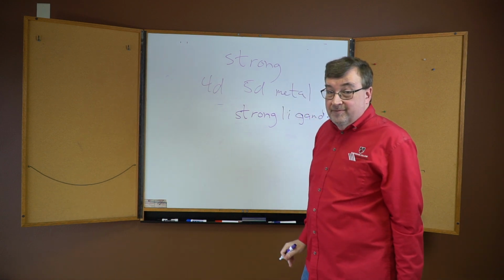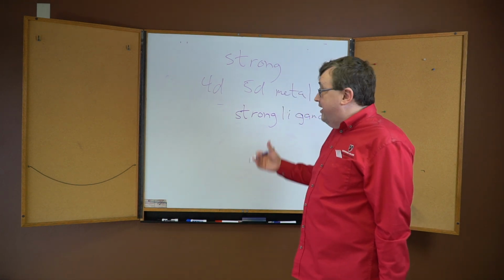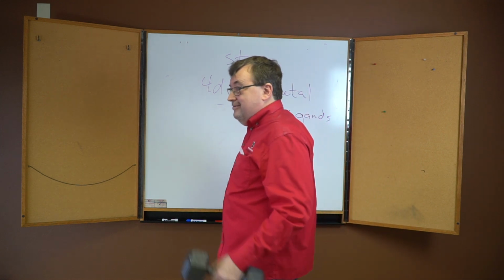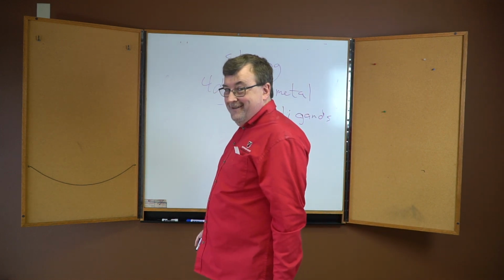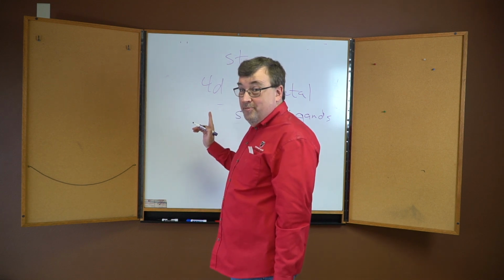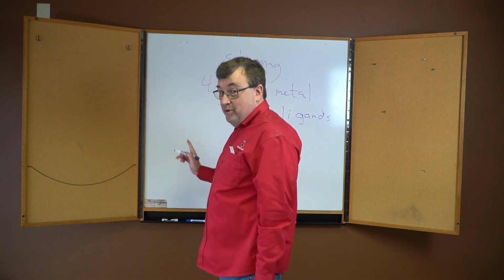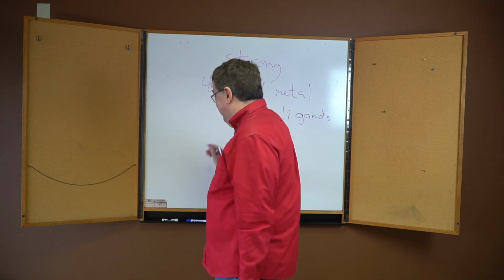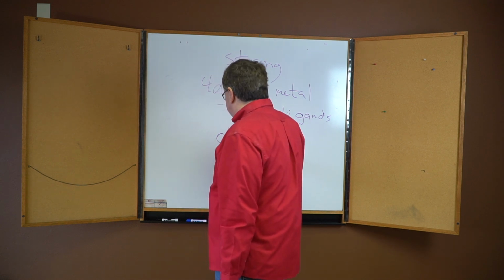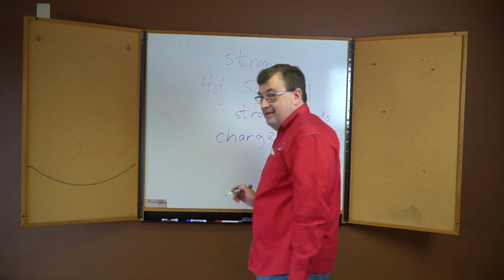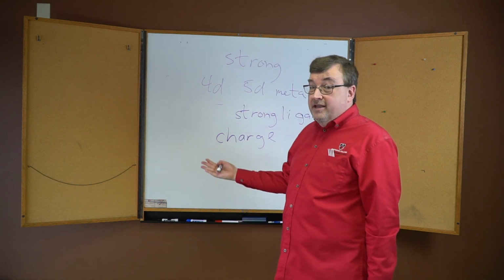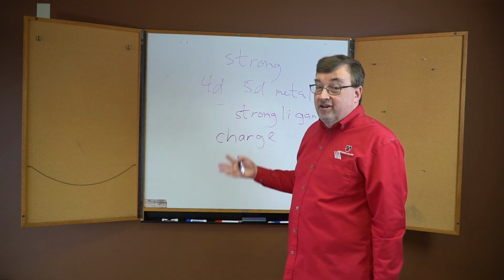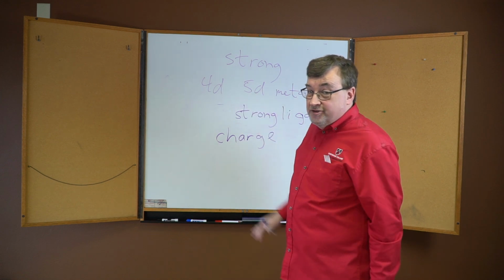Stronger ligands, like cyano and carbonyl. The last thing, you've been waiting for this. It's one of the big things, and it's not size. Charge. So if we're making a comparison where we have the same metal, higher charge, larger delta O, so higher charge.